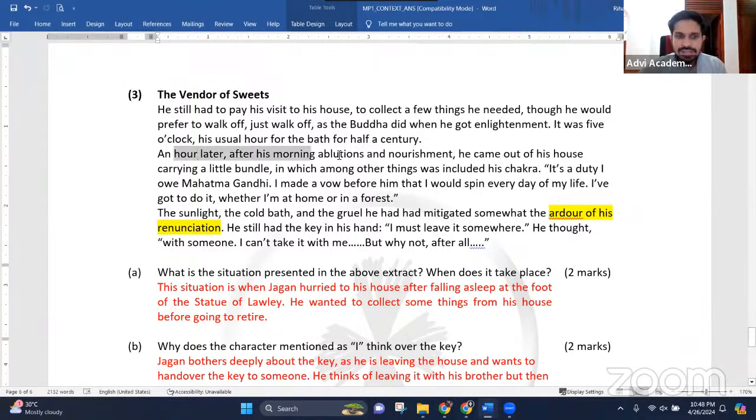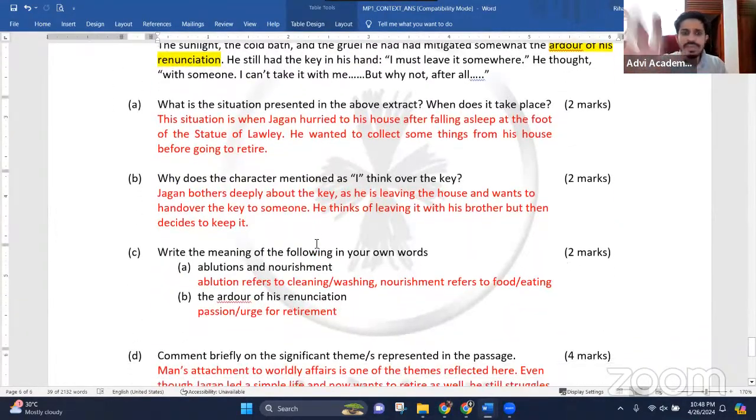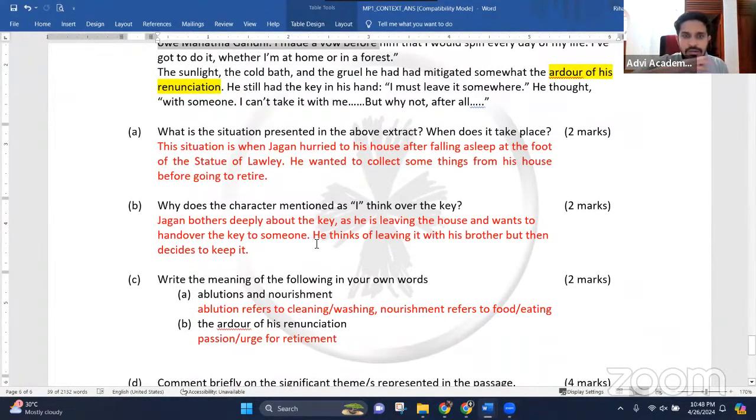Maybe you can read a little bit here also. He's talking about his morning ablutions and stuff like that. If you really don't know the meaning, you just say something like removing his... renunciation is something to do with, what can we say, like retiring or going away.